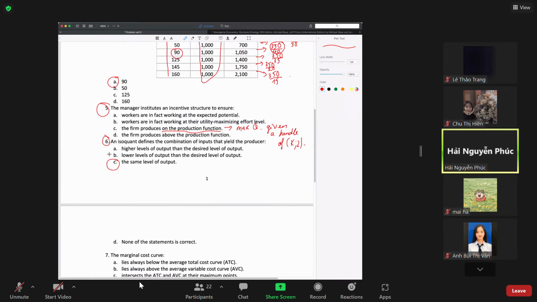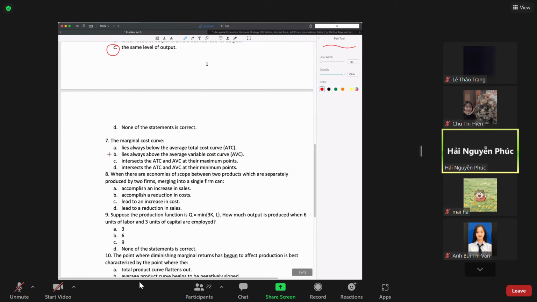The next one, number 7, the marginal cost. What is the behavior of the marginal cost curve?